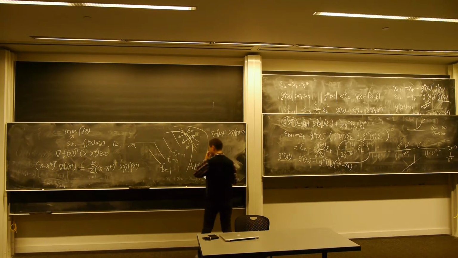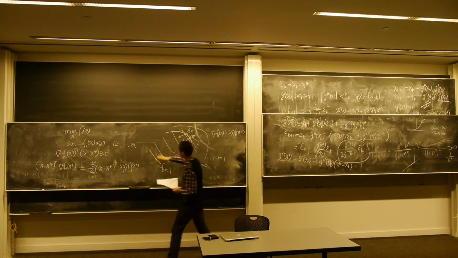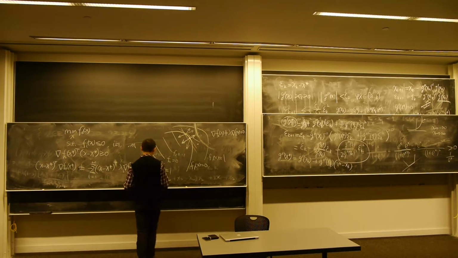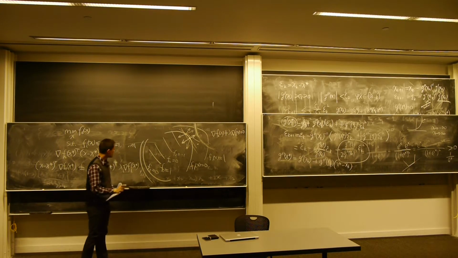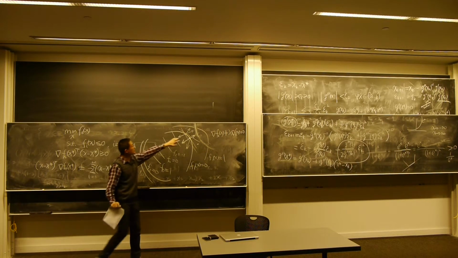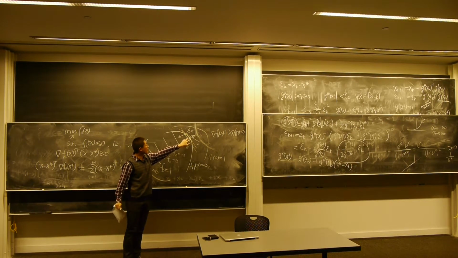Now, suppose I have another constraint that looks like this, some weird shape. That's not a convex constraint. Sorry. Suppose I have something that looks like this. So this is f2 equals 0, and maybe this is f2 equals 1. This constraint doesn't matter, whatever happens on this boundary.